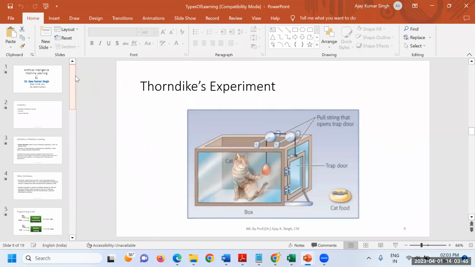Can you unmute? You cannot do that. Okay, no issue. Some chat boxes, I think a little bit I know. Somebody has written, I know something about supervised learning and unsupervised learning.